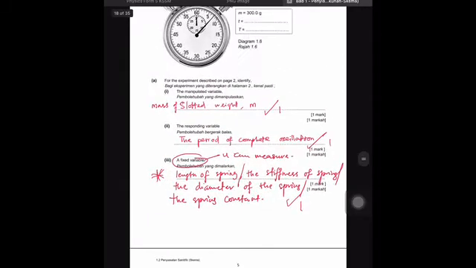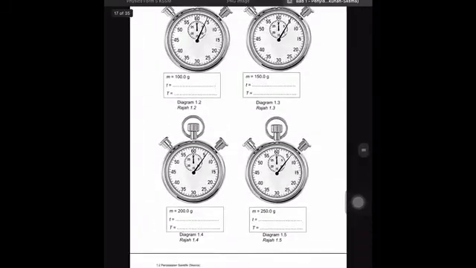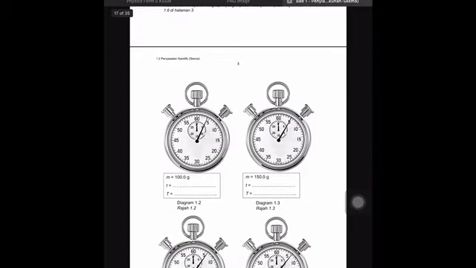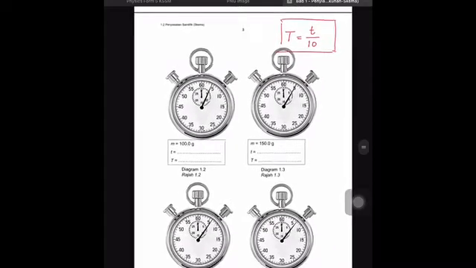So here you must have the skill to read the analog stopwatch. Your t is the time taken divided by 10 complete oscillations, so you write this over here. Then check here.